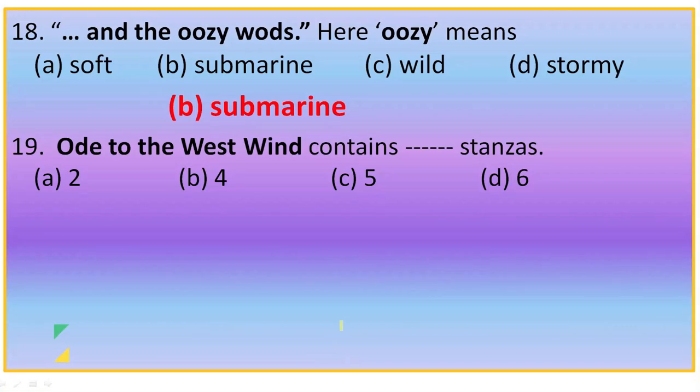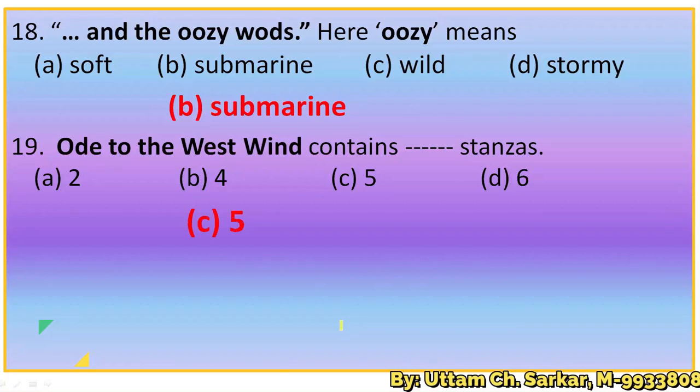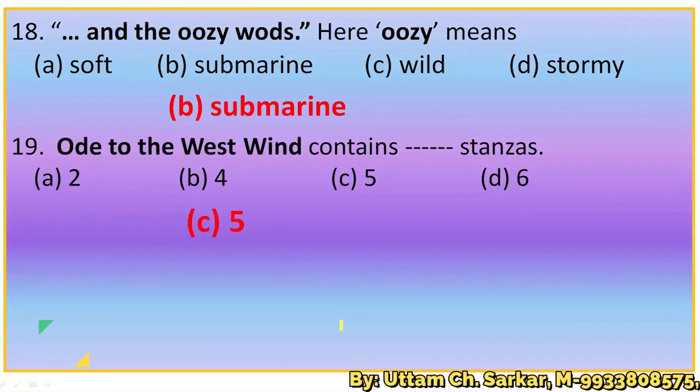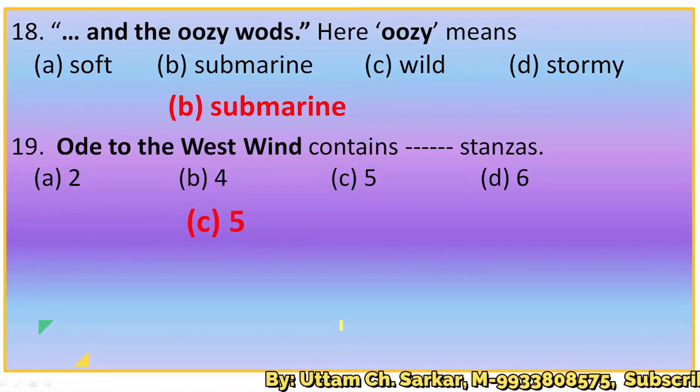Ultimately, the poet makes a fervent appeal to the west wind in order to share its indomitable power and also to broadcast his dormant dream regarding a new millennium or golden age where liberty, equality and fraternity can blossom. So the right option is C, 5, because Ode to the West Wind contains 5 stanzas.